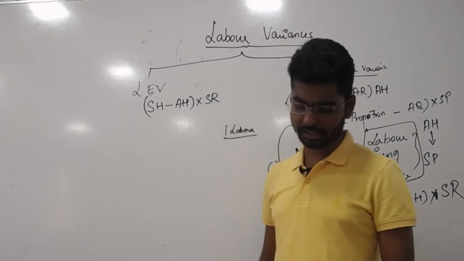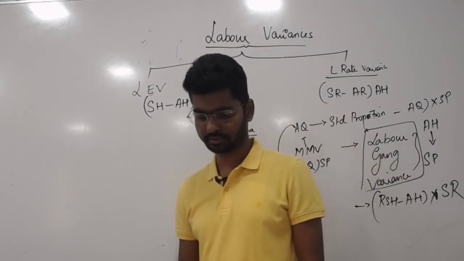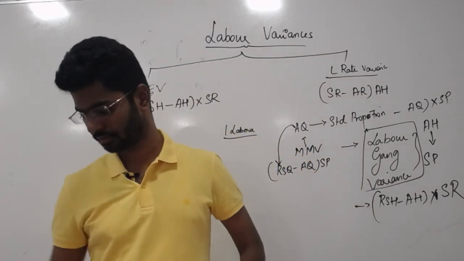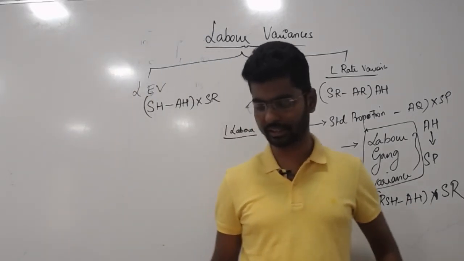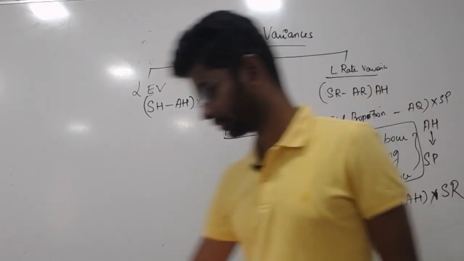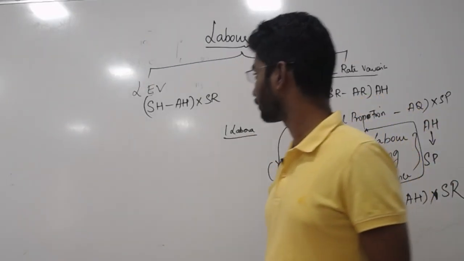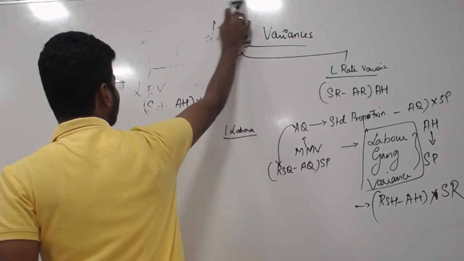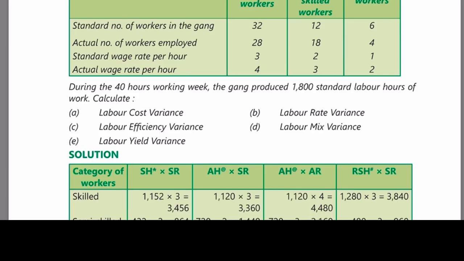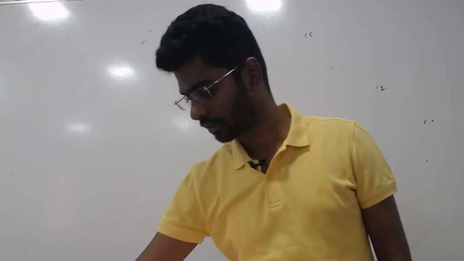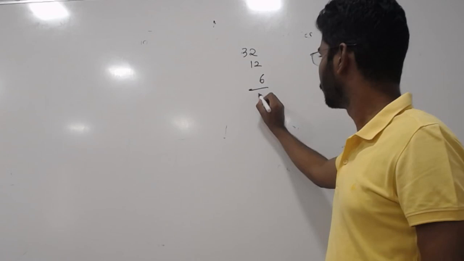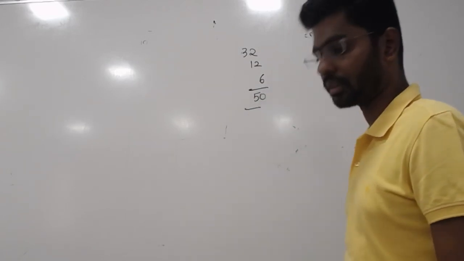How many workers are there in total? There are standard number of workers 32, 12 skilled, and 6 unskilled. So the total number of workers you have is what? 50 workers.